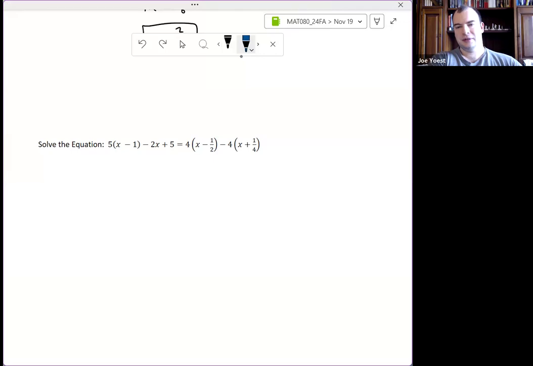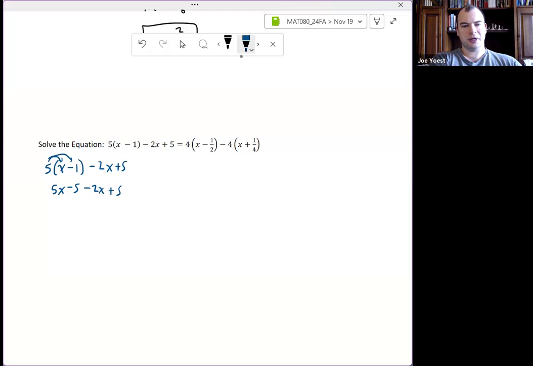So let me start with 5 times x minus 1 minus 2x plus 5. We'll just look at the left-hand side for now. Can I see anything I can do here to simplify? Well, I know I have the distributive property that I can apply, multiplying this 5 through the binomial, giving me 5x minus 5 minus 2x plus 5.